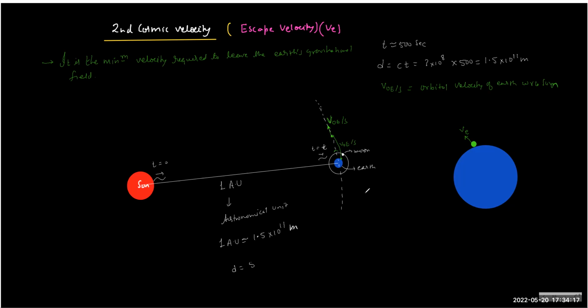Zero, because in the frame of Earth you will be static, a non-moving entity. So to solve the question of escape velocity, we have to use energy conservation. We cannot solve it by the force method. So using conservation of mechanical energy, the case K initial plus U initial.